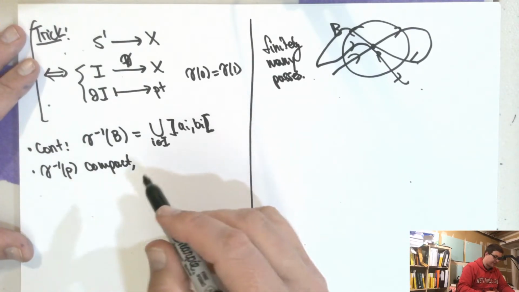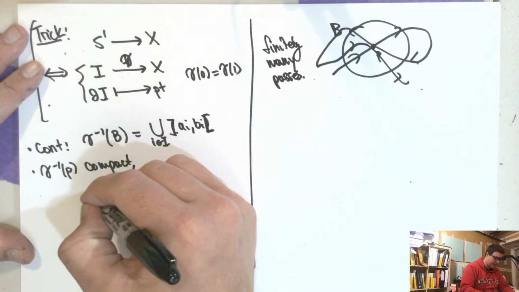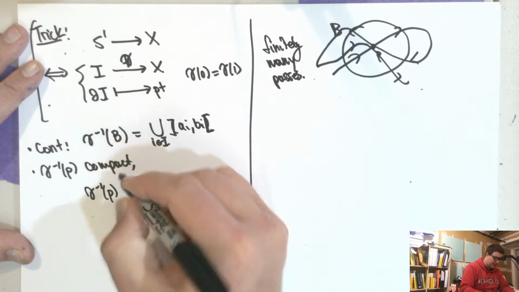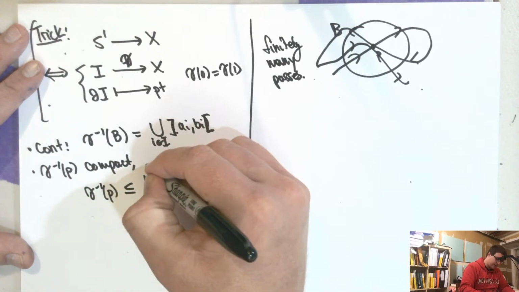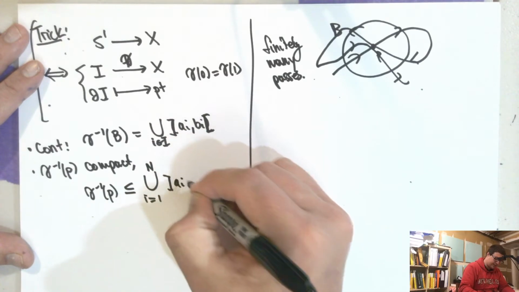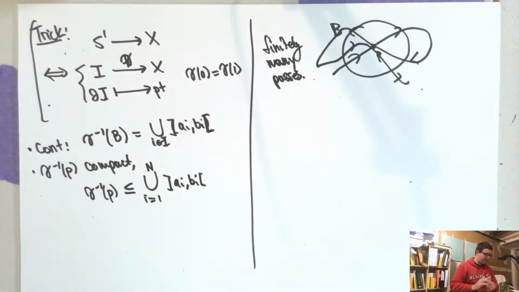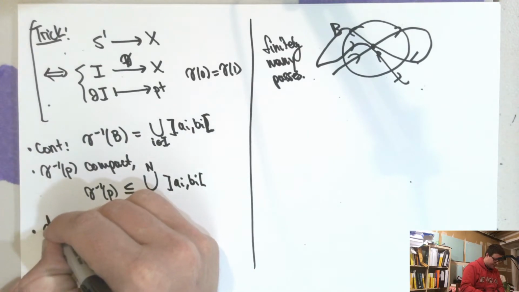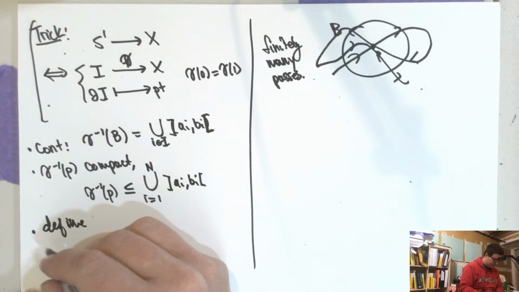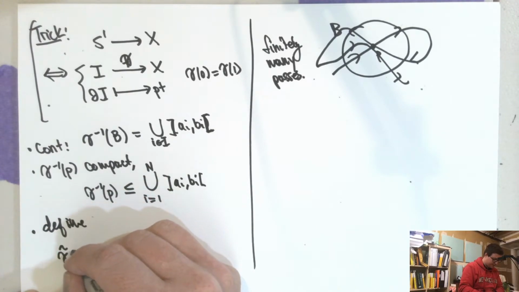So this is compact. So this means that this thing here is in a finite collection, i equals 1 up to n, of these intervals. That's open interval notation, because I'm writing it like that right now. And so what we'll do is we define our new path, gamma tilde of t.